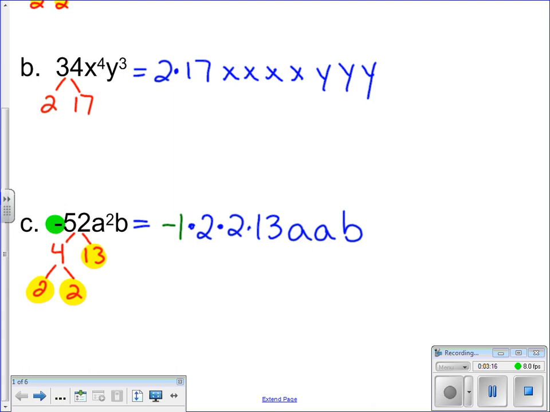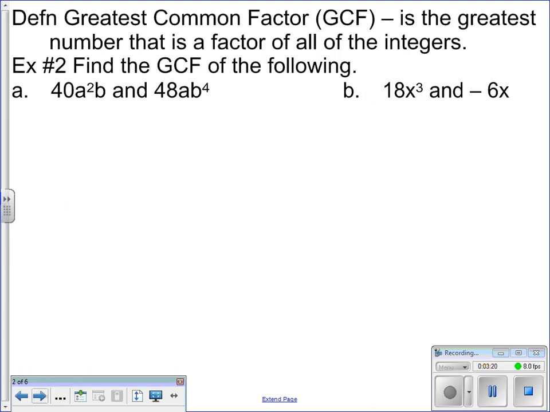All right, now that you've been able to factor stuff down, let's actually use that in a problem. Greatest common factor. It's the greatest or biggest number that can factor, which means divide, all of the integers.